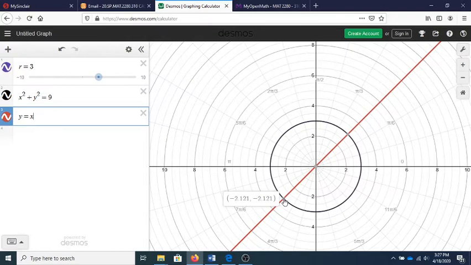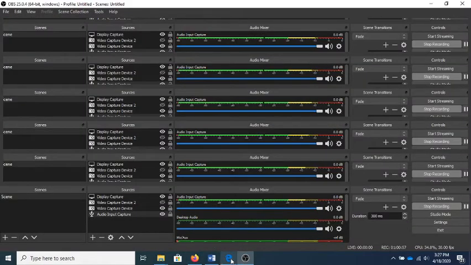Okay, so these are the easiest things to graph in polar coordinates. Circles centered on the origin, and lines that go through the origin. But of course we can graph lots of other things with polar coordinates too. Otherwise we probably wouldn't be talking about them. So let's go back to our outline.